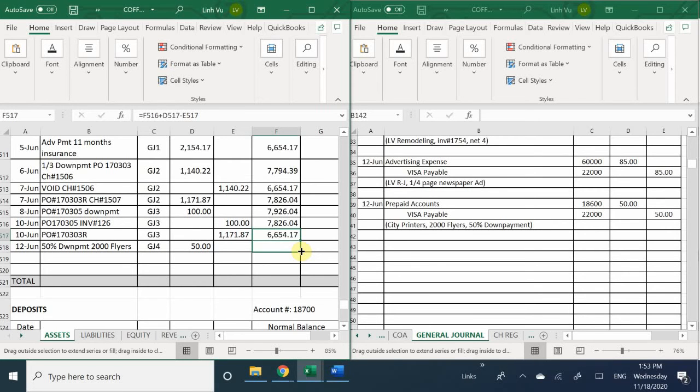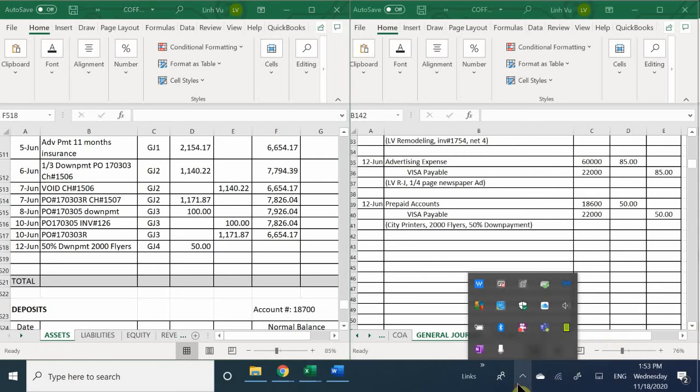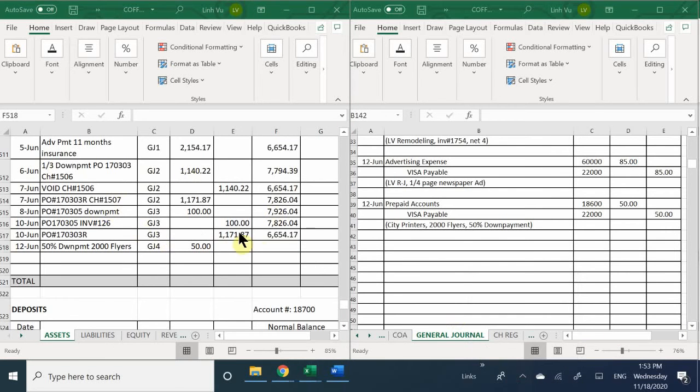Oh my gosh, I don't have the formula in there. Why is my formula not in there? We could practice the formula again if you'd like. Okay, so again, it's going to be equal. We're going to take the amount from above, so 6654.17. We're going to add any debits, which is 50, and we're going to subtract any credits, which is 0.